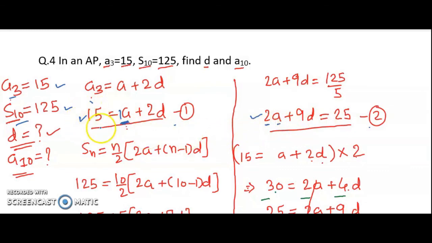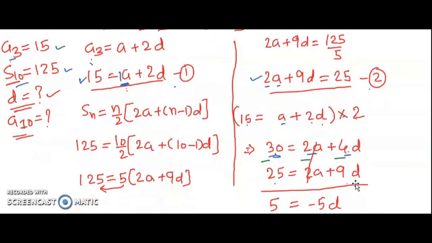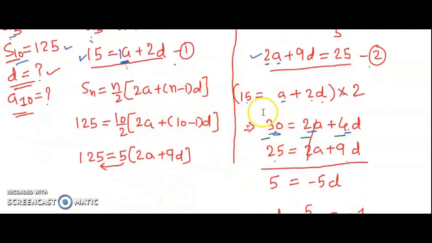So if you multiply equation 1 with 2, we get 30 equal to 2a plus 4d. Now we get the coefficient 2a and 2a.